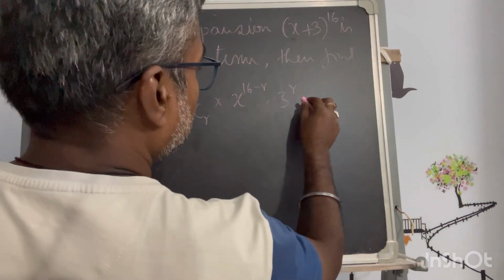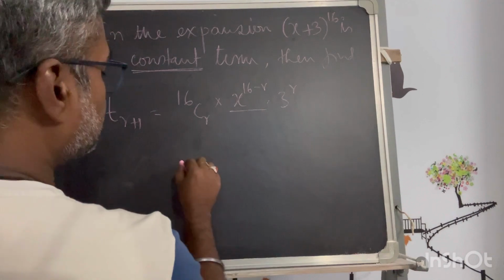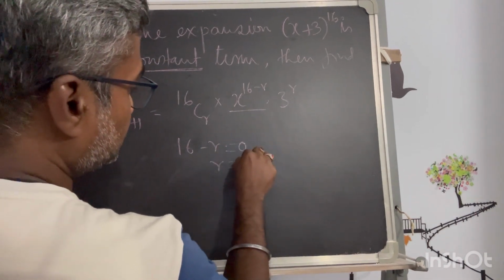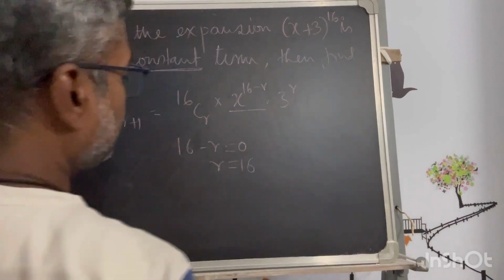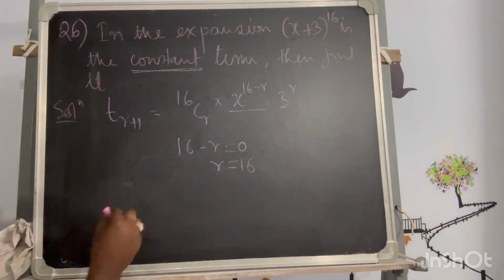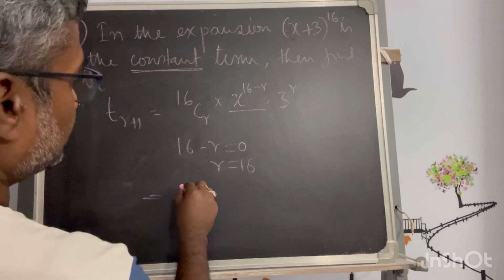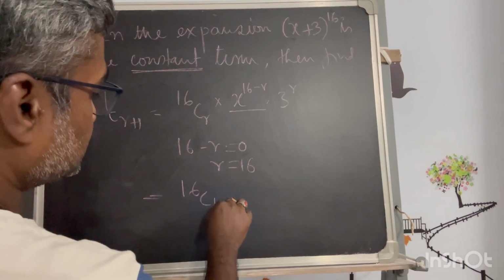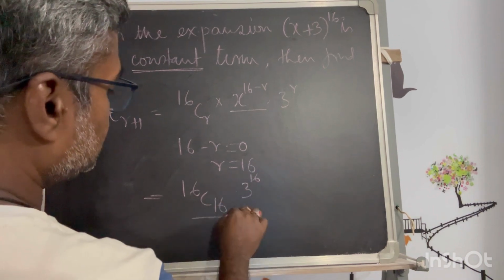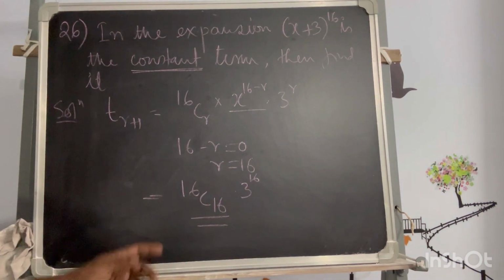Where the x power 16 minus r is 0, r is equal to 16. So it denotes the last term, which is the constant term. Its value is 16C16 times 3 to the power 16. This will be your term where x is absent.